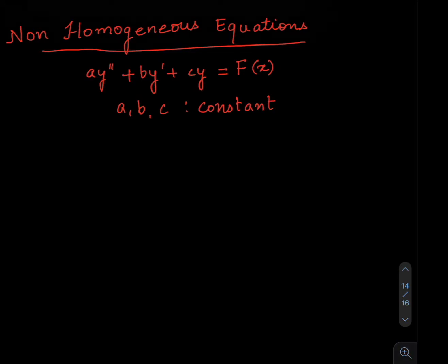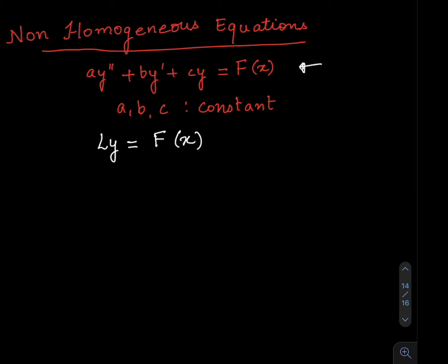So this is our general form. We also write this equation as Ly = f(x) when this operator is not very important to us. Okay, so we want to find a general solution for this equation.